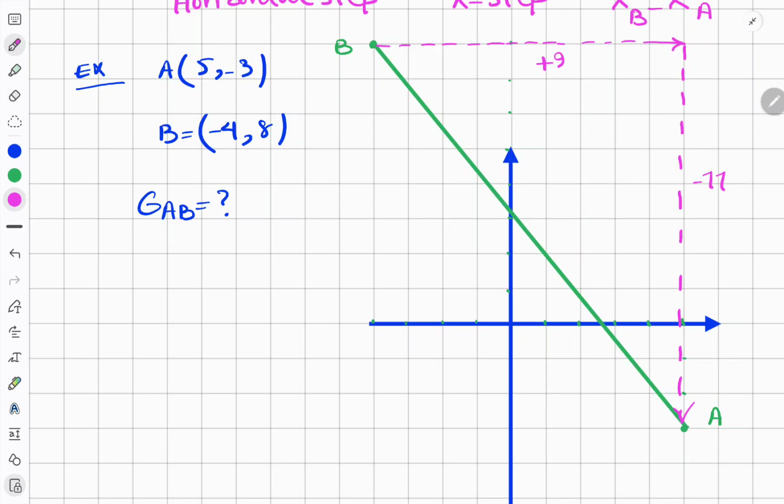So the gradient is negative 11 over positive 9, which is negative 11 ninths.